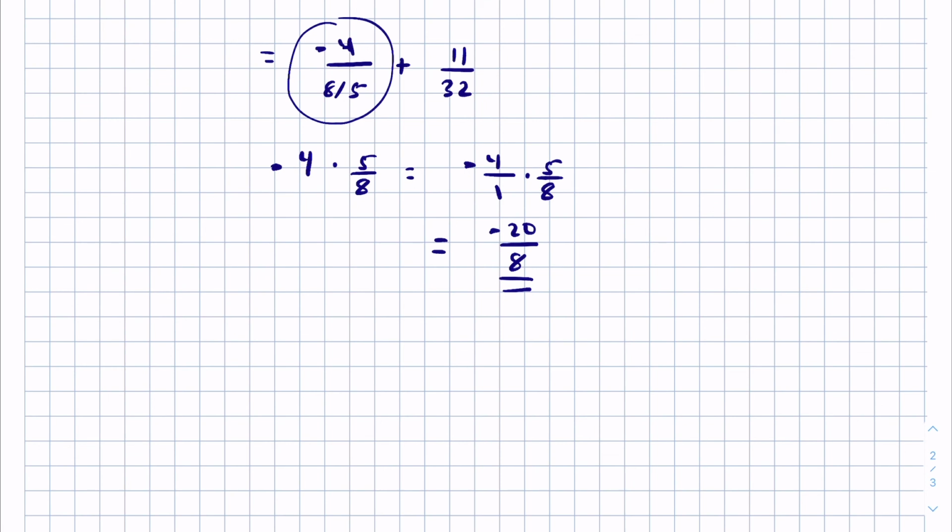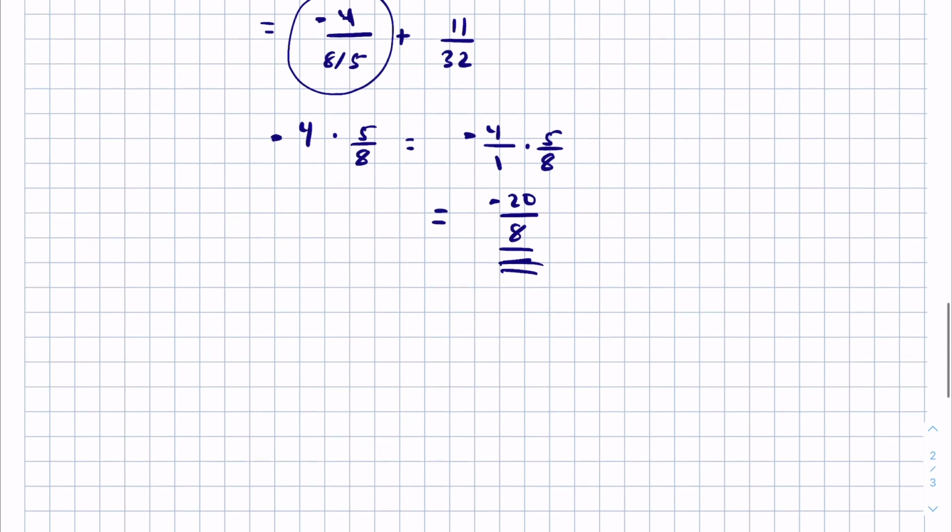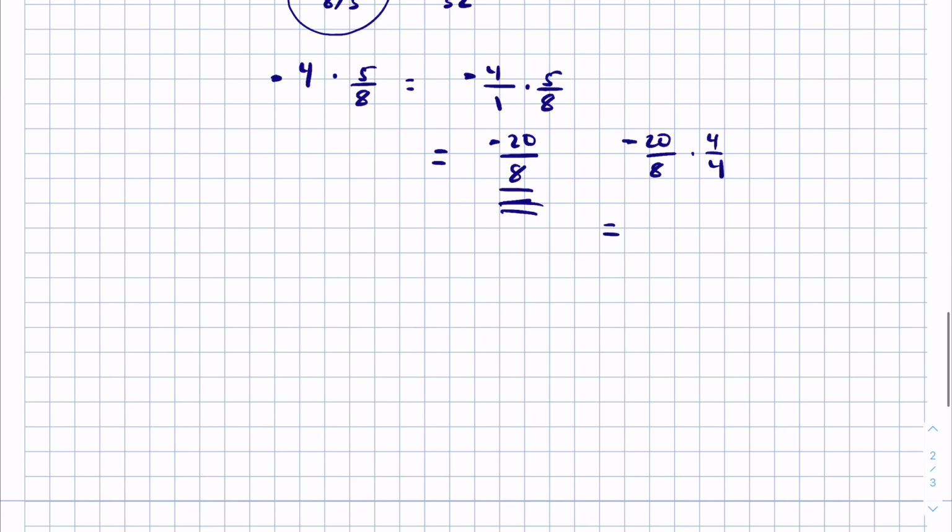Now we want to convert this fraction in order to have the same denominator for these two fractions. I'm going to multiply the first fraction, this one right here, by 4/4. So negative 20 over 8 times 4/4 gives us negative 80 over 32.